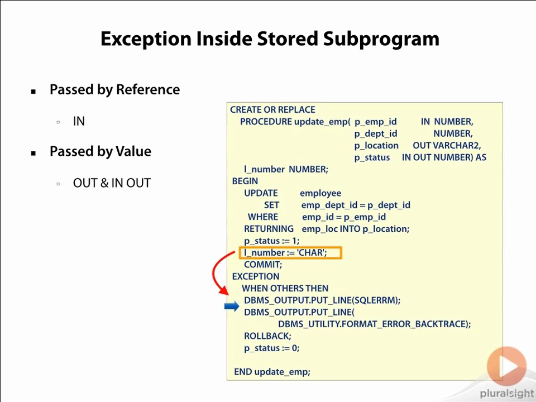This will raise a numeric or value error, causing the execution to flow to the exception block. Here, errors are printed out, the update is rolled back, and pStatus is assigned a value of 0. After that, the execution resumes normally to the client block, and the values of pLocation and pStatus at this point are copied over to the actual parameters.